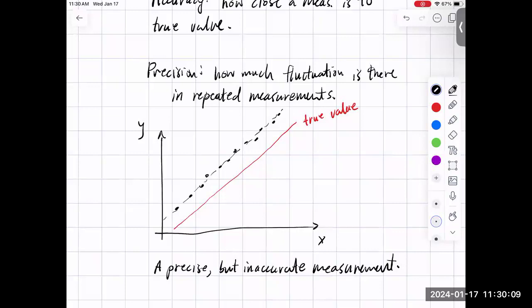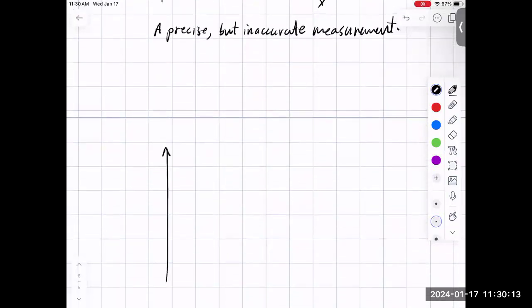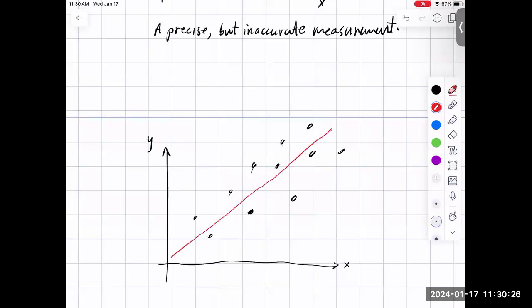Okay, and then we could have a different kind of measurement where we measure y as a function of x, and this time when we make our measurements, they're scattered all over the place, but they're scattered kind of symmetrically about some true value. And so here we would say we have large fluctuations.